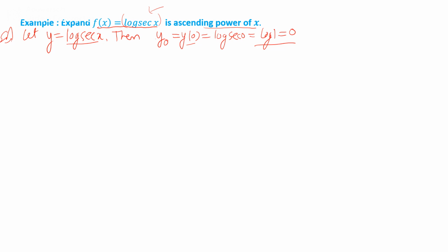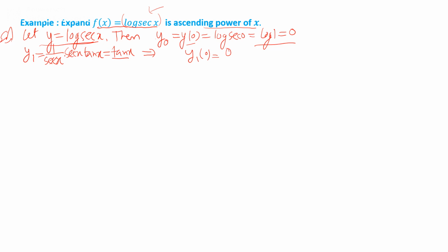Now we differentiate that function, so we write y1 to represent the first derivative. The derivative of that function is 1 upon sec x into sec x tan x, so we cancel and get tan x. Now y1 at 0, which represents the first derivative at 0, is tan 0, and tan 0 is again 0.